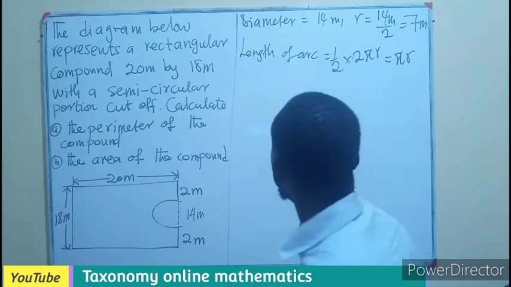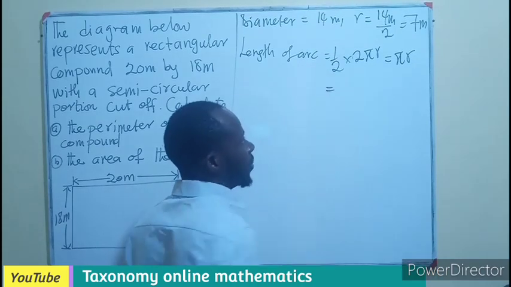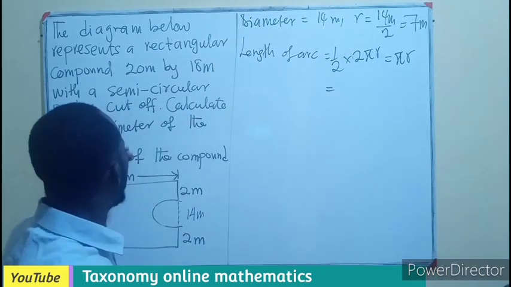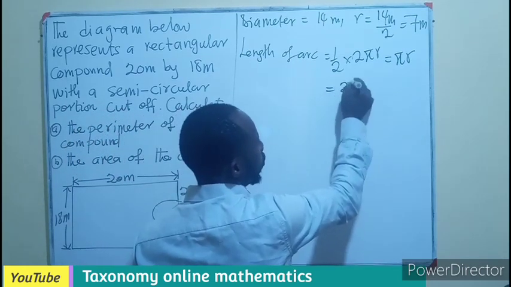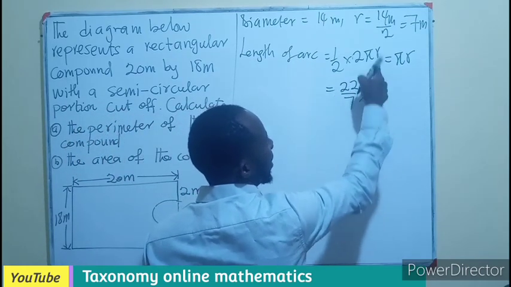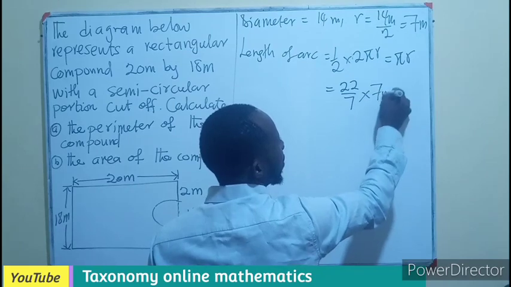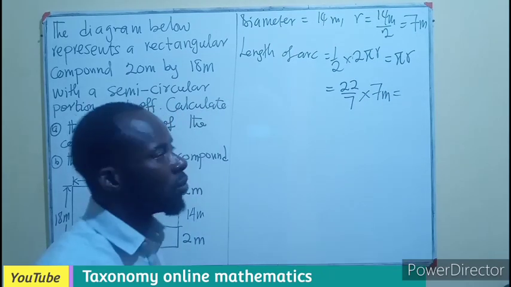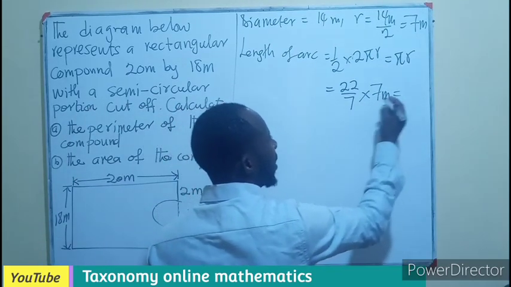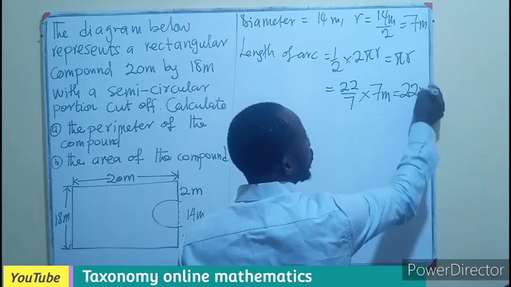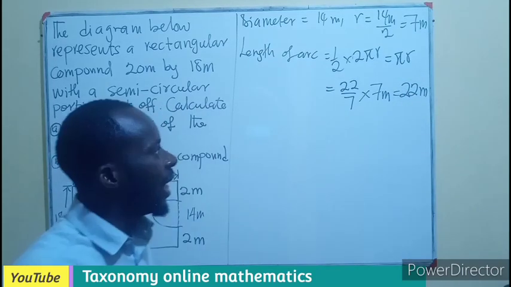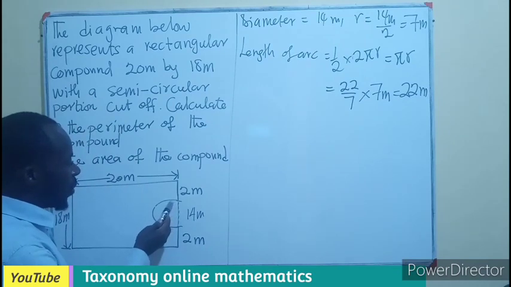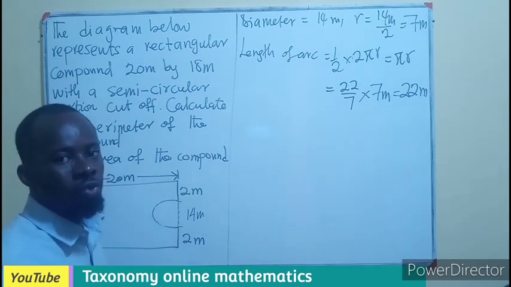Now we substitute the value of pi, which we can take as 22 over 7, times the radius, which is 7 meters. The 7s cancel and give 22 meters, so the length of the arc is 22 meters.